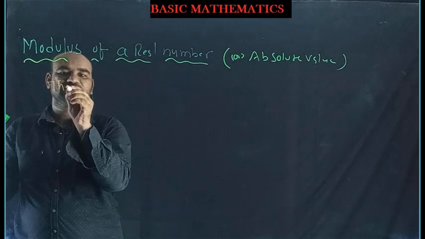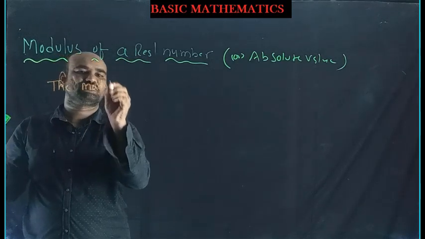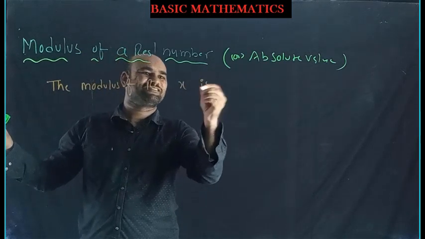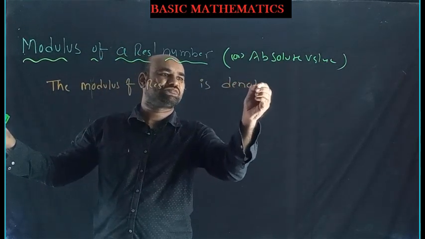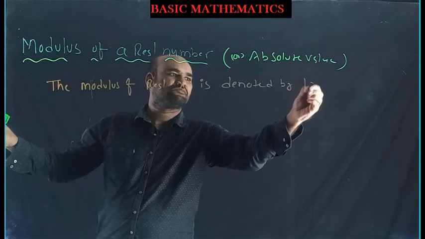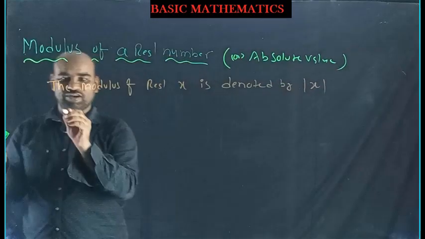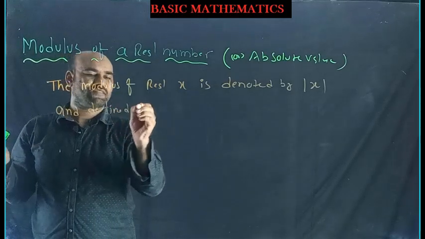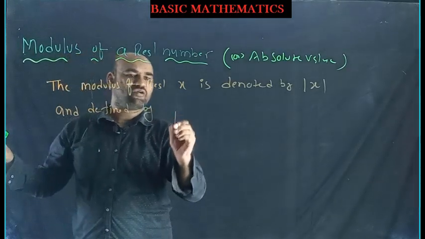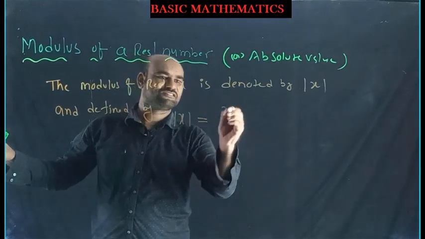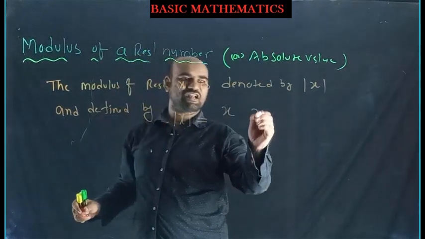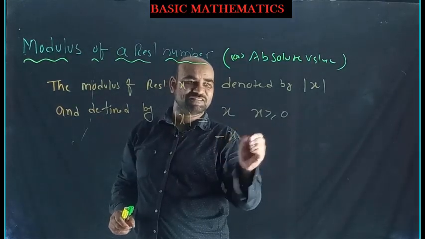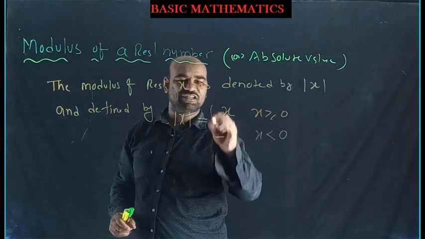The modulus of real x is denoted by this symbol and defined by modulus of x equal to x if x greater than or equal to 0. Modulus of x equal to minus x if x less than 0. This is the definition.